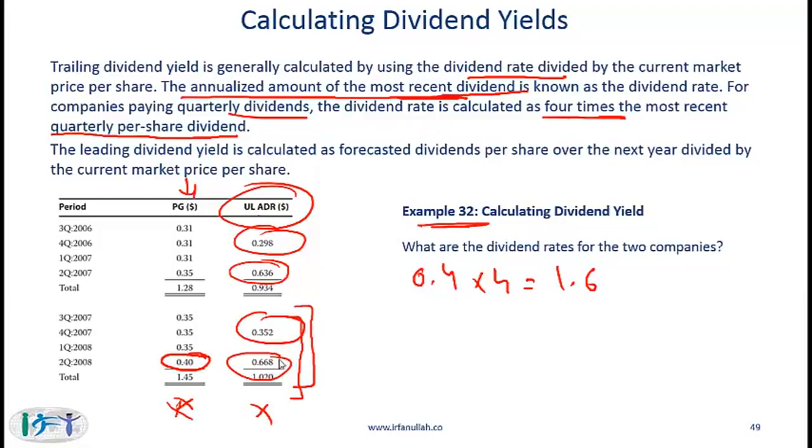When a company pays only 2 dividends a year and there is a difference between the two, the convention is to simply sum up those two numbers. So here you will just take the sum of the two numbers as the dividend for the other company. Remember that. The leading dividend yield is calculated as the forecasted dividends per share over the next year divided by the current market price per share.